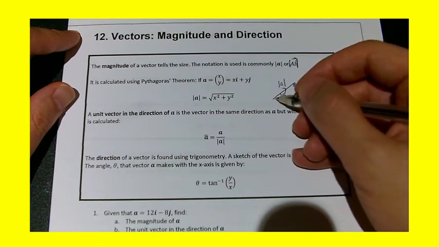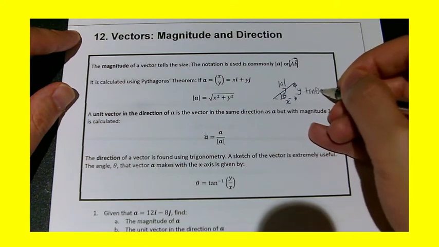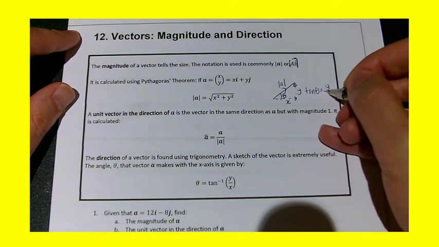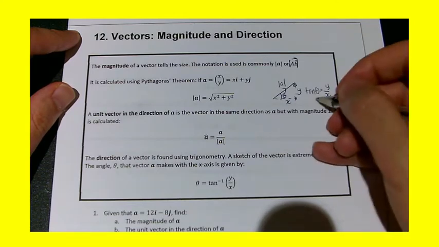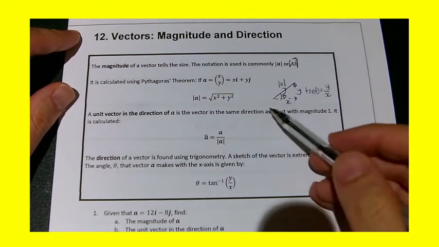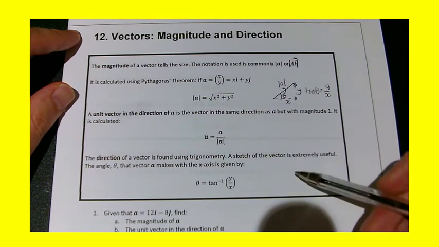I've got my adjacent and my opposite, so tan of theta equals opposite over adjacent, and therefore theta is the inverse tan or shift tan of y over x. That will give me the angle it makes with the positive x-axis.